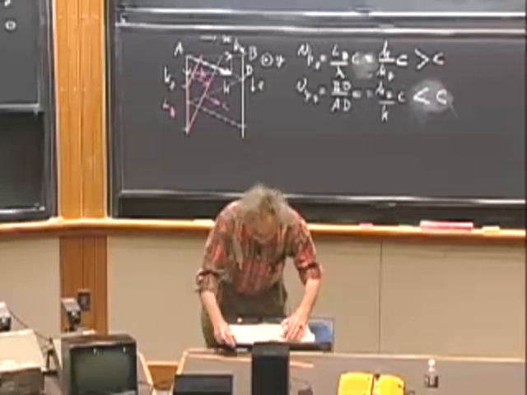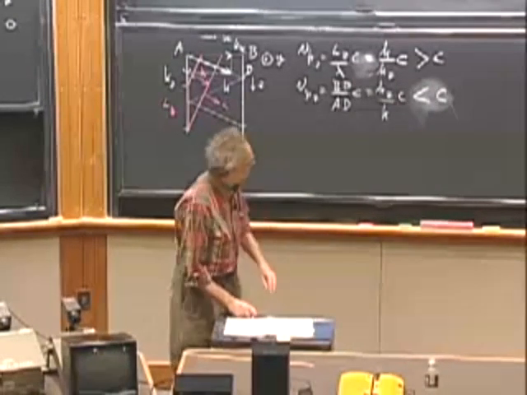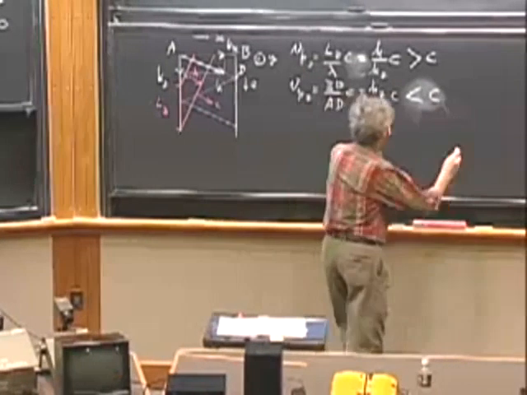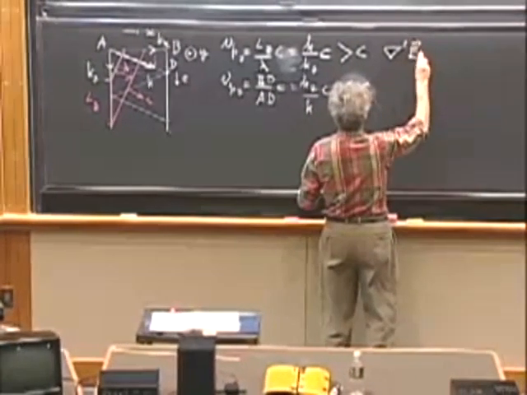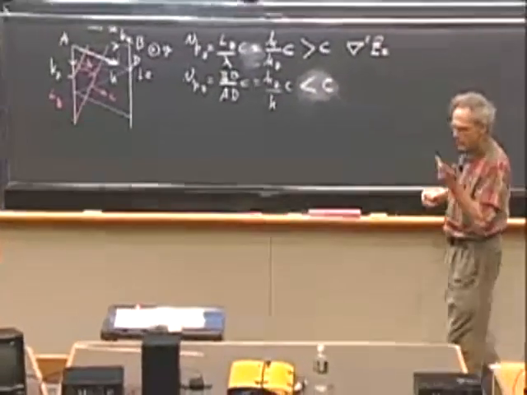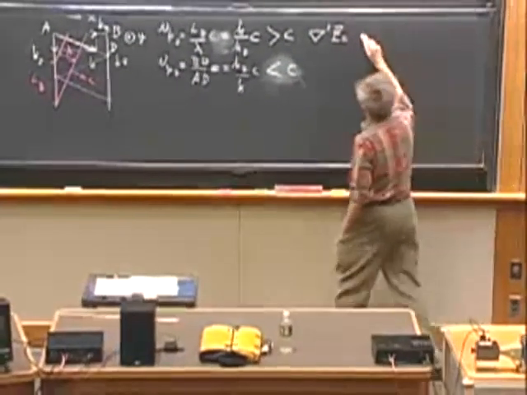So now we can do the math, and I can write down the wave equation, del squared E. There's only a component in the y direction because that's the radiation I have chosen.